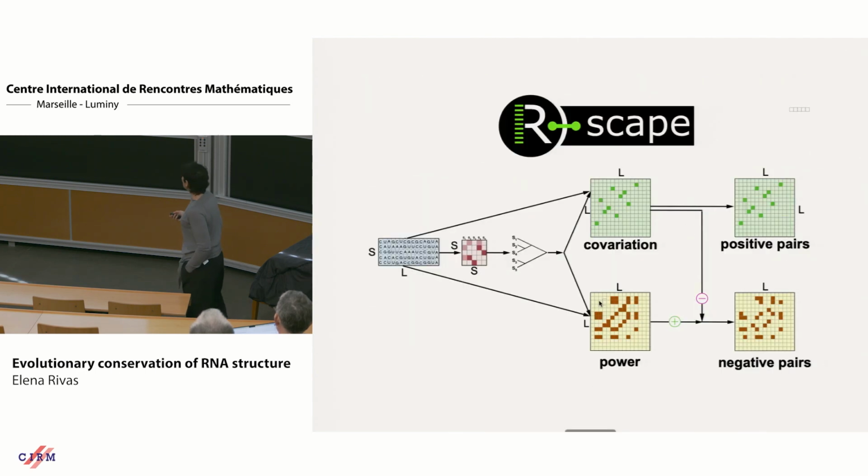Okay? So what I told you so far is that just by looking at your alignment, you can have a map of what I would call positive pairs, that are pairs that are part of an RNA structure, or at least they are not covariant just simply by phylogeny, and also negative pairs, which are pairs that you would expect not to be in the alignment.